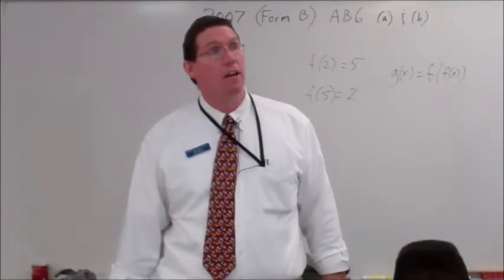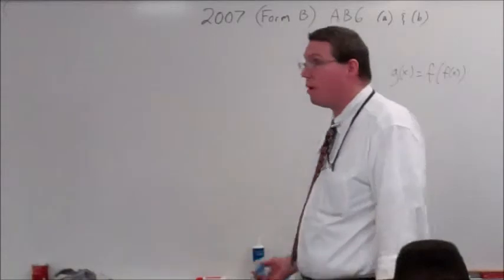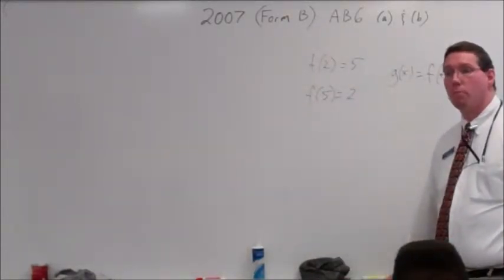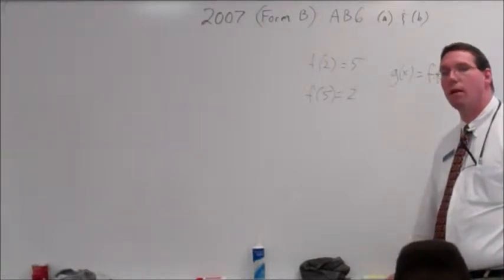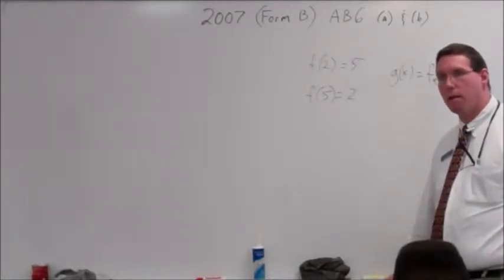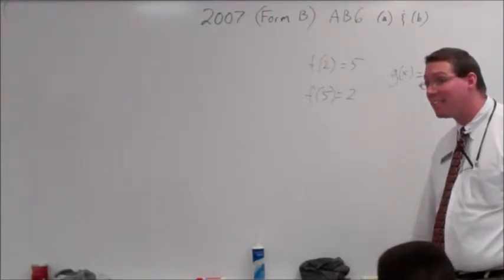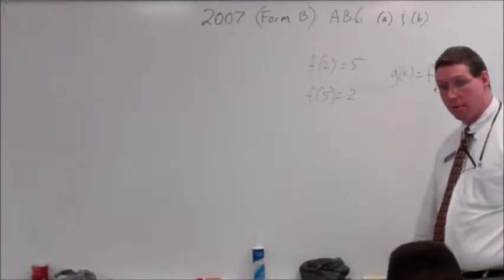All right, so part A says, explain why there must be a value c on the open interval from 2 to 5, such that f prime of c is equal to -1. What does that mean, f prime of c is equal to -1? The derivative of f at c is equal to -1, right?